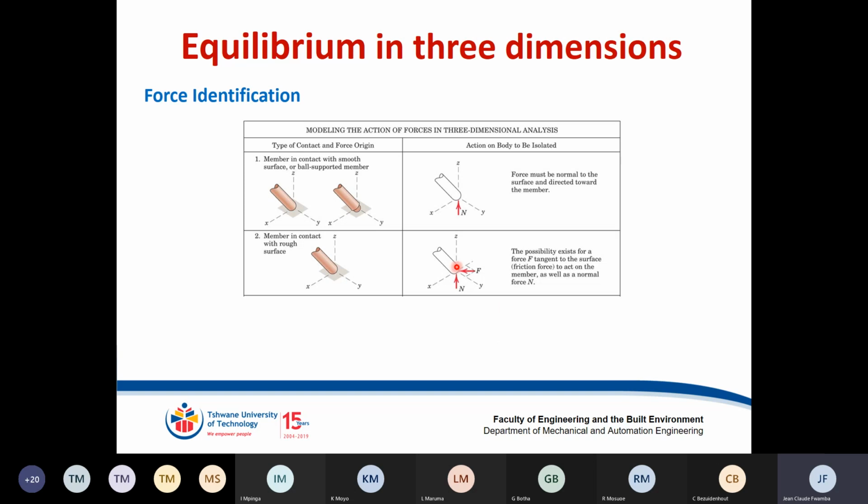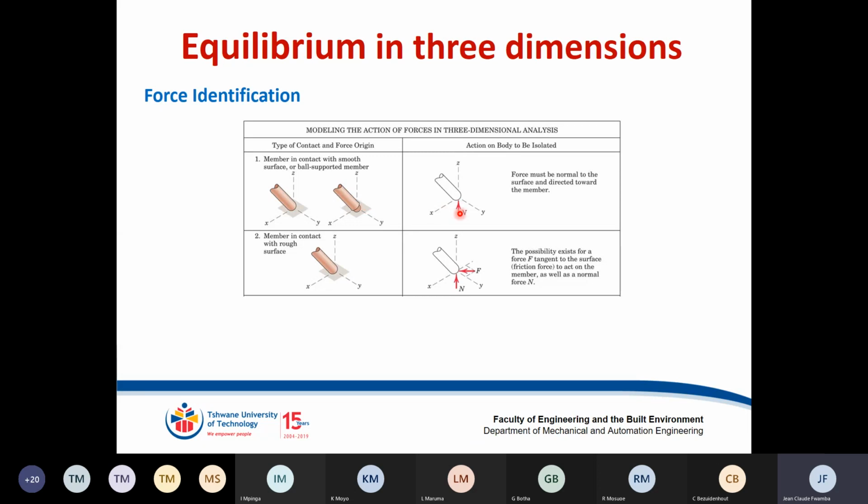Right. Let's take the first case, where we have a member in contact with a smooth surface or a ball supported member. On the first one, they emphasize the nature or texture of your surface, which is a smooth surface. And on the second diagram, that's why it's your ball supported member. So how do we represent that on a free body diagram?